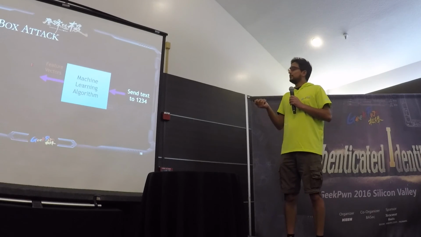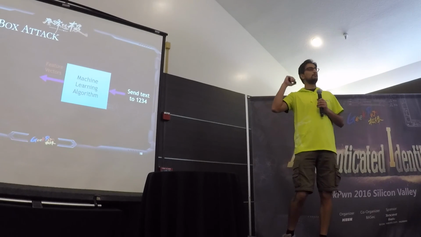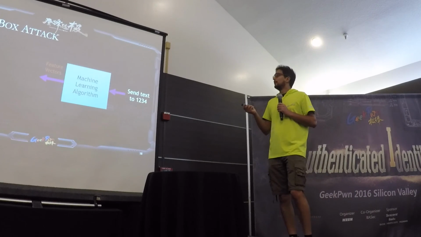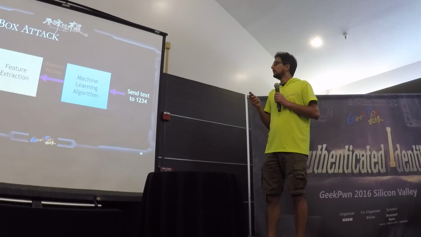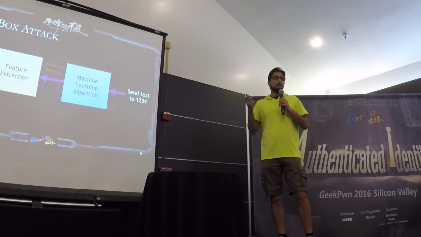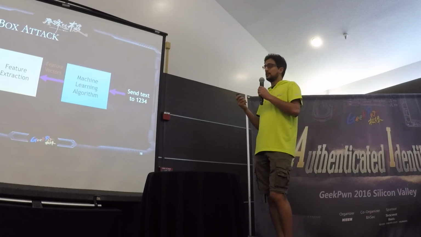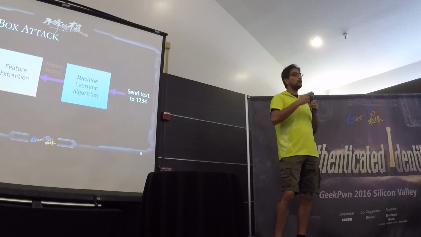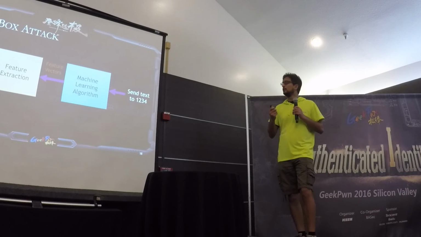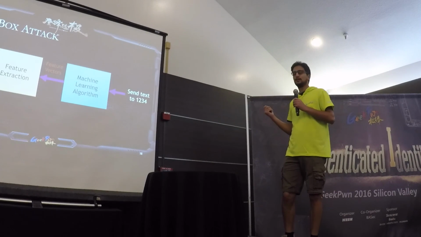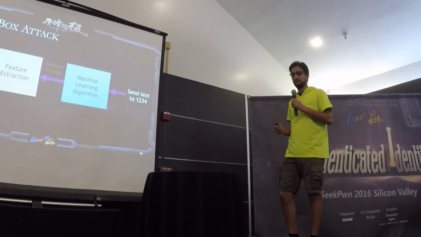Now, if you send these feature vectors forward to the machine learning algorithm, it will produce this particular text. Once you have these feature vectors, you pass them through the inverse of the feature extraction step, such that it gives you some starting audio, which when sent forward through the feature extraction step would give you those feature vectors, which again, when sent forward through the machine learning algorithm, will give you the desired text.